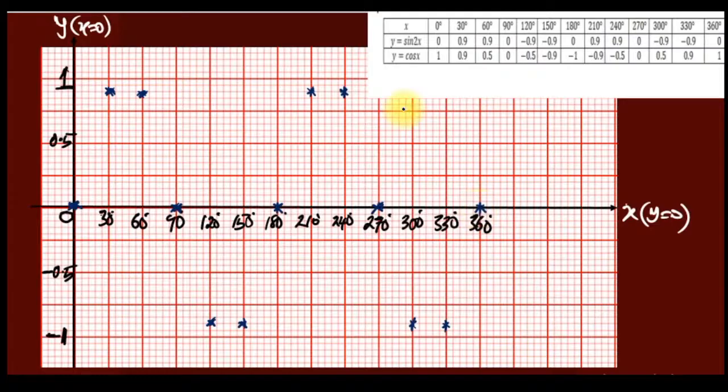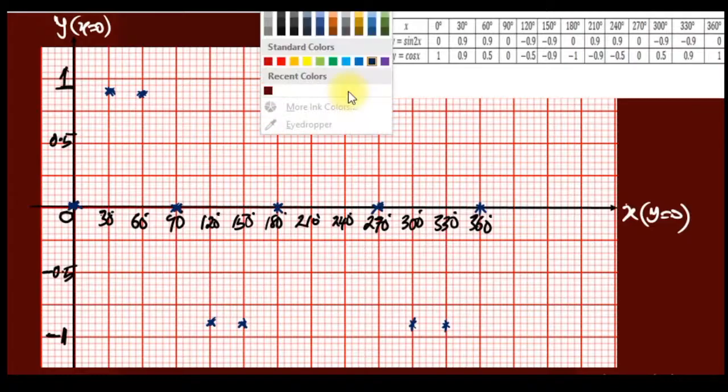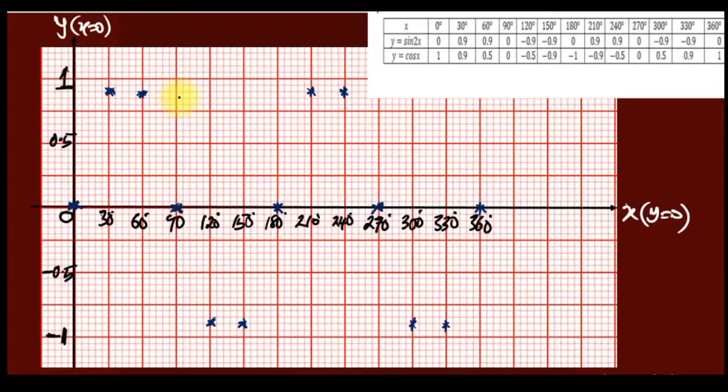So we join the points. We'll take a different ink. Okay, let's take green. So we're joining the points.